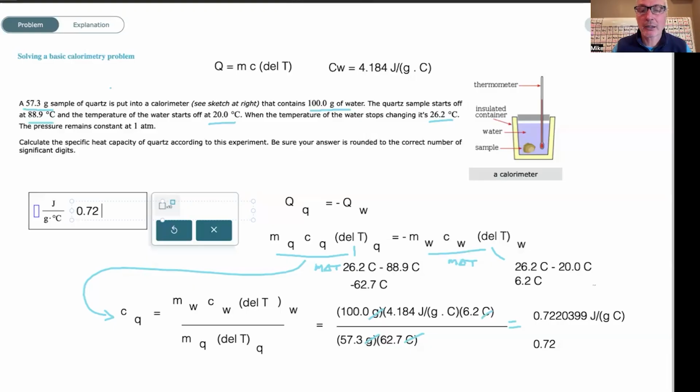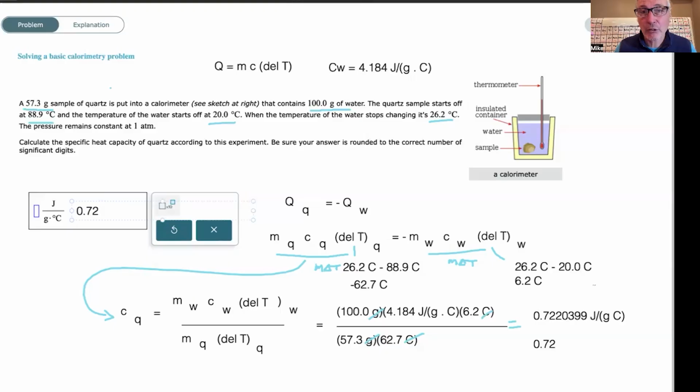If I jacked up those 2 temperatures and I put 62.7 on top and 6.2 on the bottom, that would have been a double whammy. I would have gotten a big number. Let's see what that number would have been. 100 times 4.184, times 62.7 wrongly, and then divided by 57.3, and then wrongly divided by 6.2.